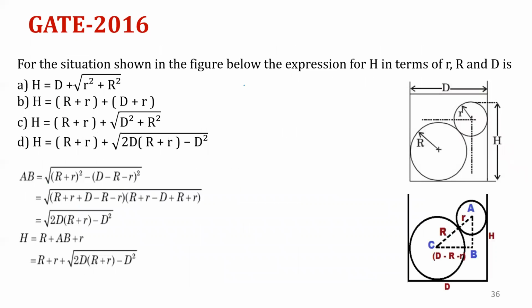For the situation shown in the figure below, the expression for H in terms of capital R, small r, and D is: in order to find H, it is a height.